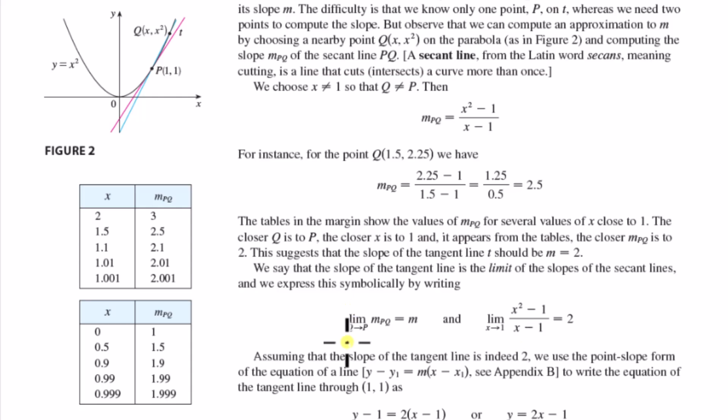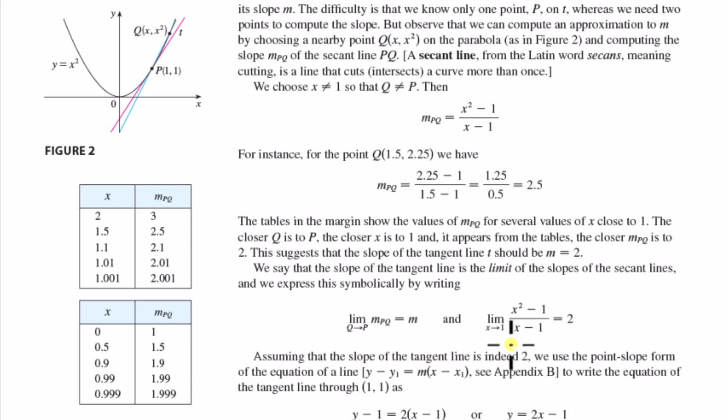What we say is that the limit as Q approaches P of the slope of the secant line MPQ is equal to the exact slope of the tangent line to the curve y is equal to x squared at point P, M. Or to express this mathematically, we could input the expression in x for MPQ and write this limit as the limit as x approaches 1 of (x squared minus 1) over (x minus 1) is equal to M, or 2. Both of these limits are the same limit.